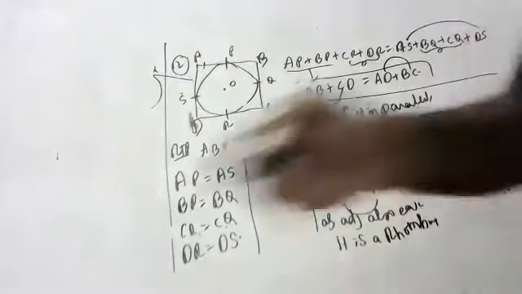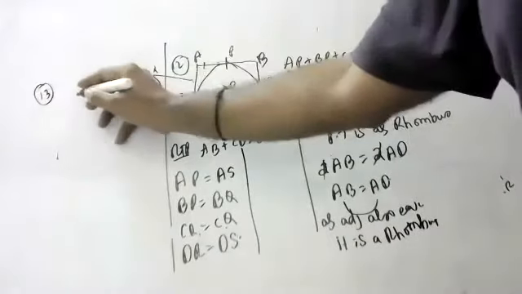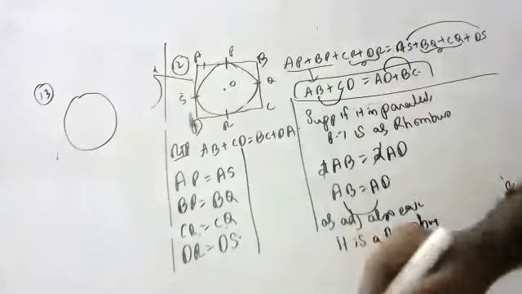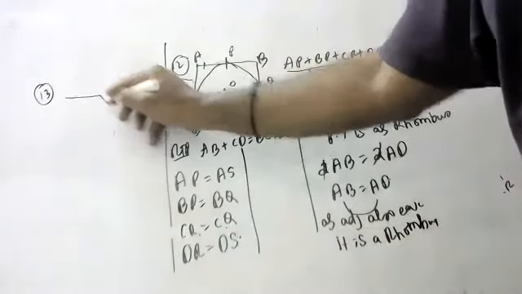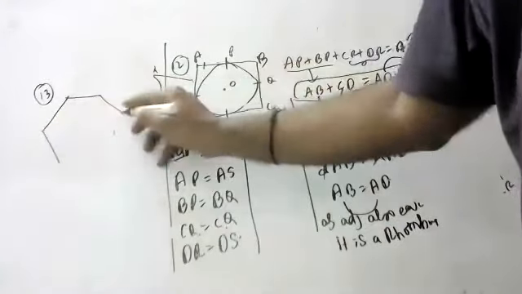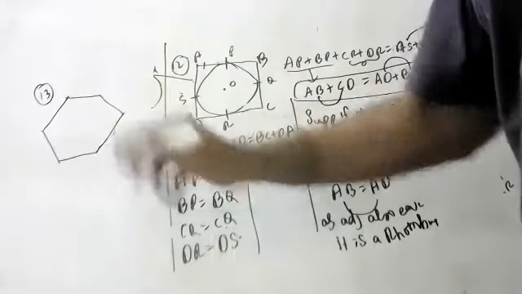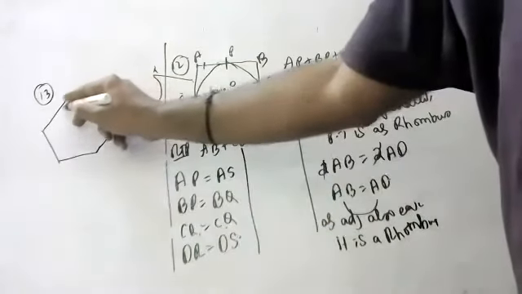13th question. They are saying like this, children. There is a circle. There's a hexagon with vertices 1, 2, 3, 4, 5, 6. In this hexagon, a circle is inscribed like this.